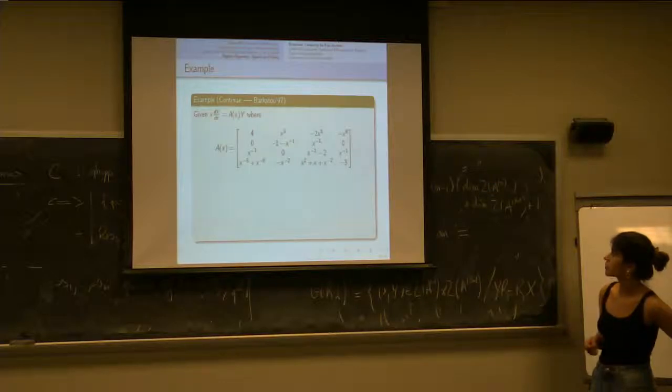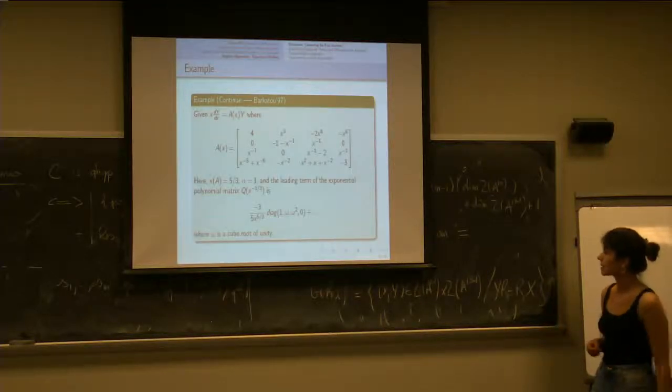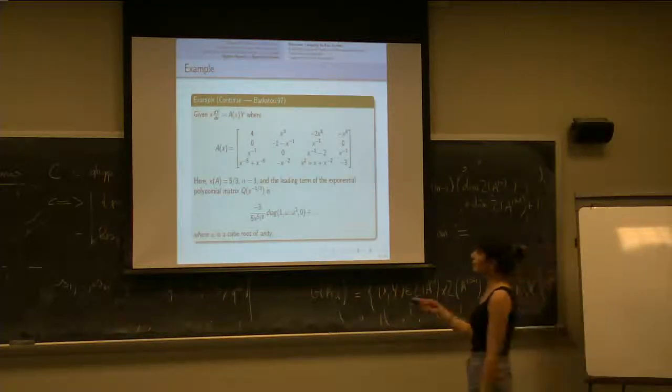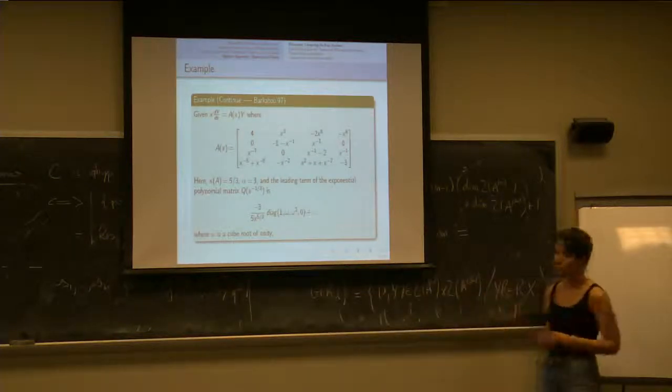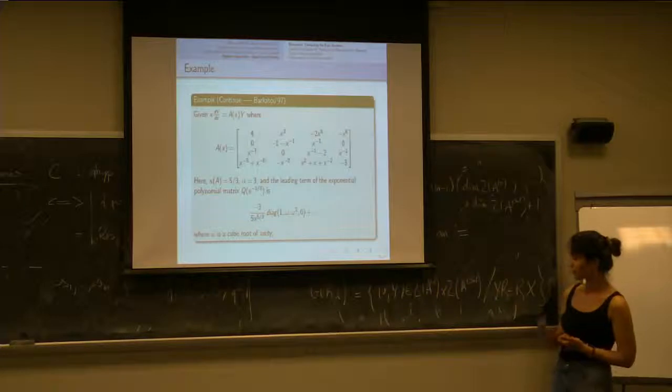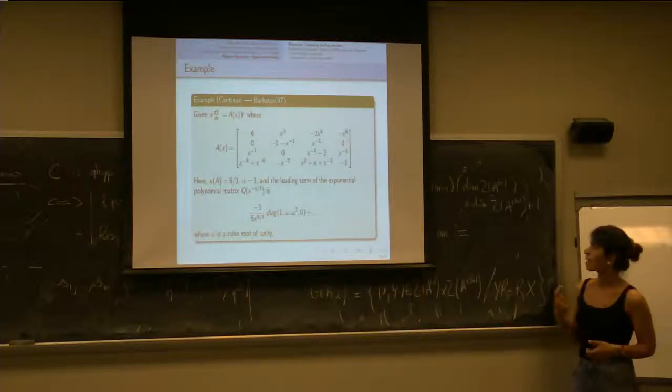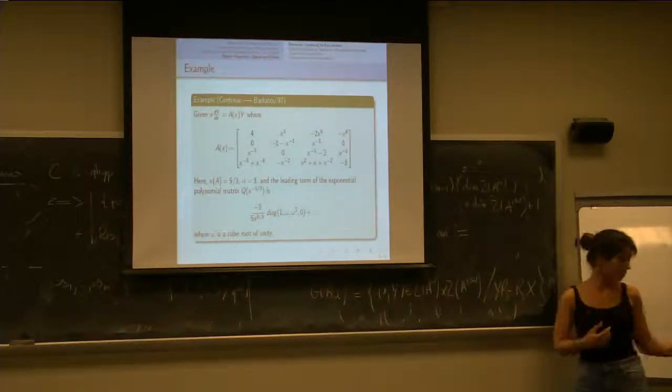So I show this example again, and I said that the Katz invariant is the order in the exponential polynomial matrices in the solution. So it is 5/3 for this example, and we do not know it from the outset.